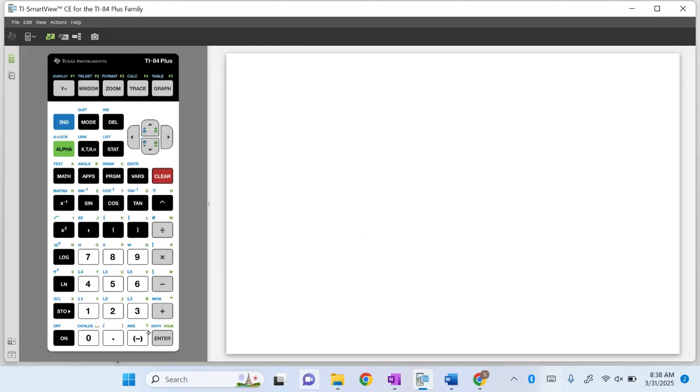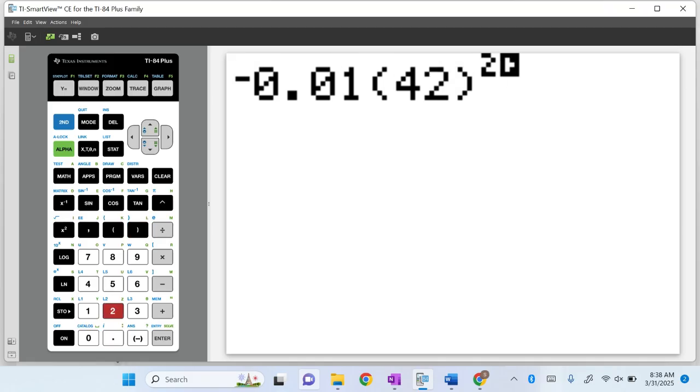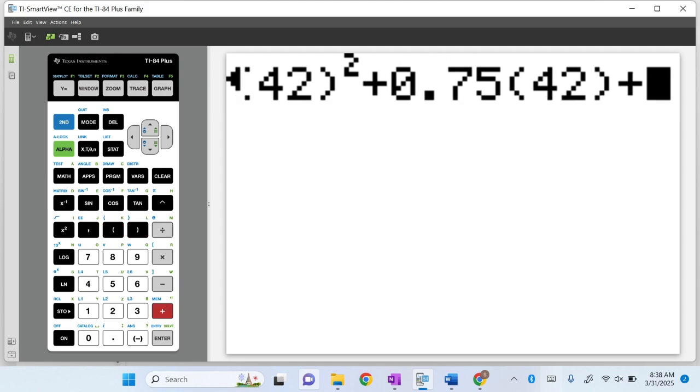So I got negative 0.01 times 42 squared plus 0.75 times 42 plus, what was it, 13.47?